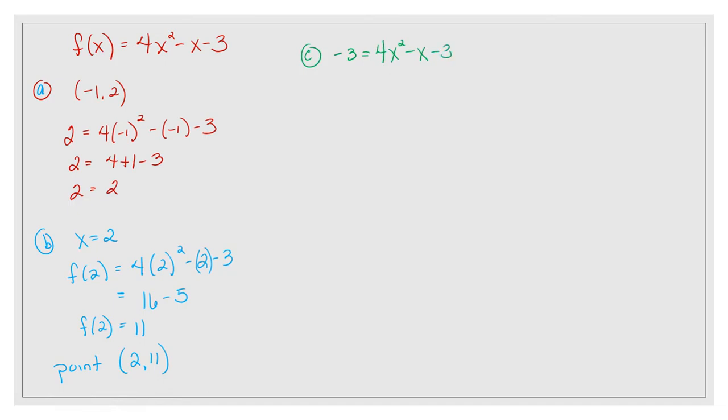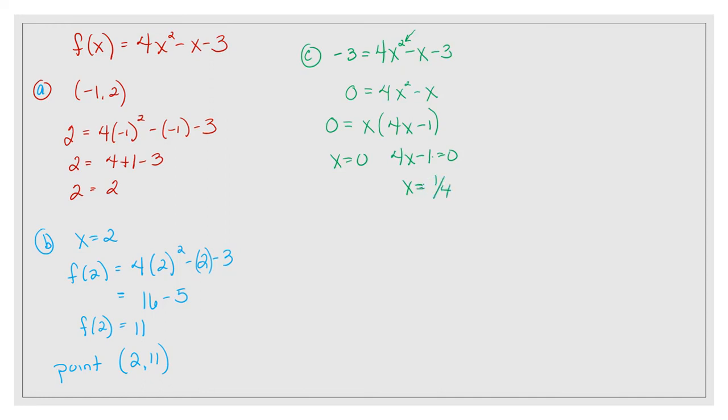So, how are we going to solve this? Yep, this square means you're going to have to factor, which means you need it equal to 0. So I'm adding 3 to both sides. Well, that makes that problem a whole lot simpler to deal with. And remember, if you're factoring, the first step of factoring is to take out anything in common. And then I get to set each one of these factors equal to 0 to solve.